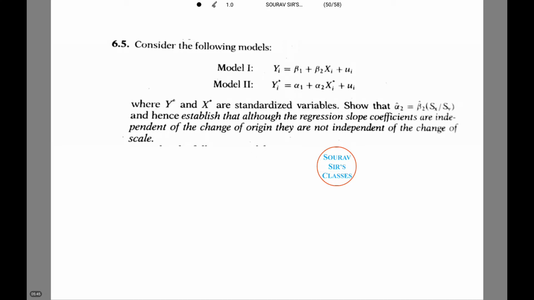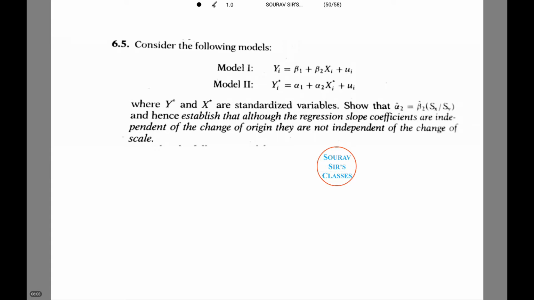This is a very important sum. We are given model 1 and model 2. Yi equals to beta 1 plus beta 2 xi plus ui. Yi star is however equals to alpha 1 plus alpha 2 xi star plus ui, where y star and x star are standardized variables.